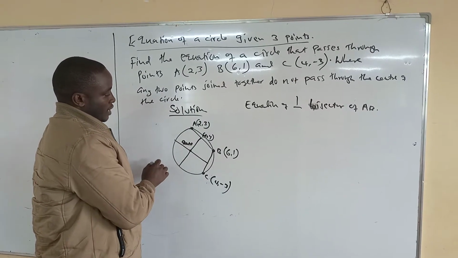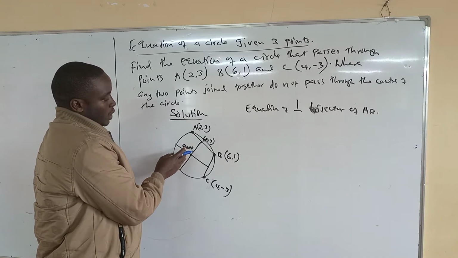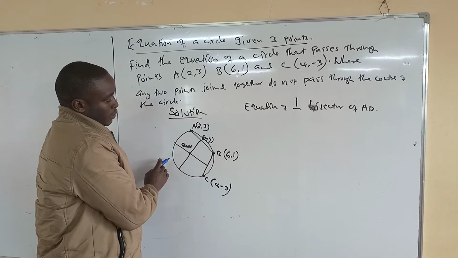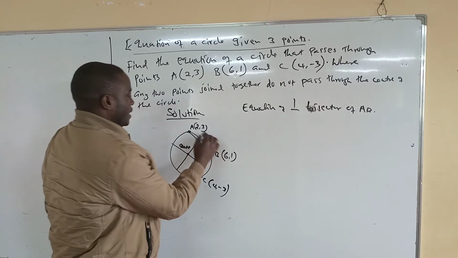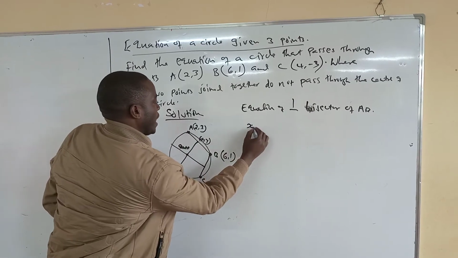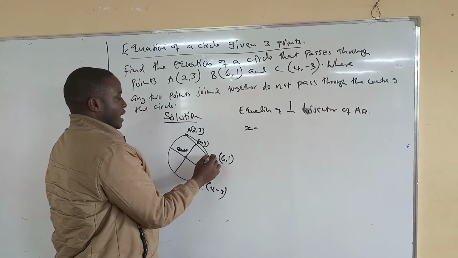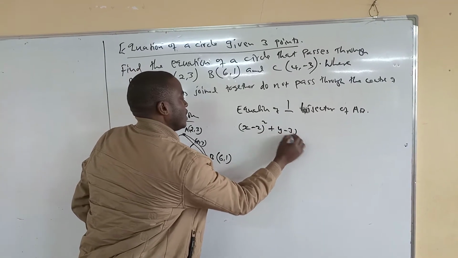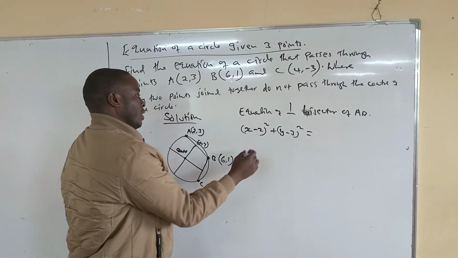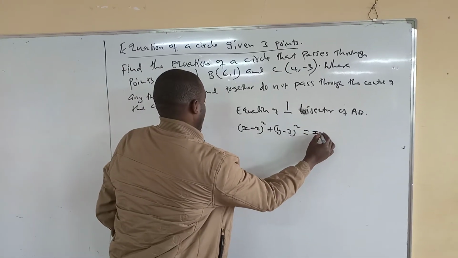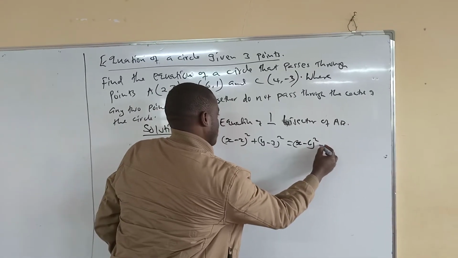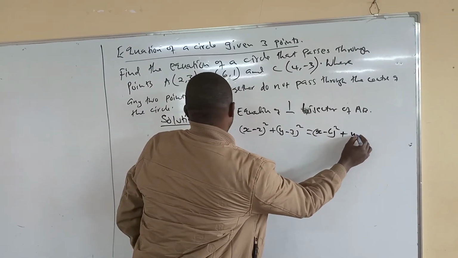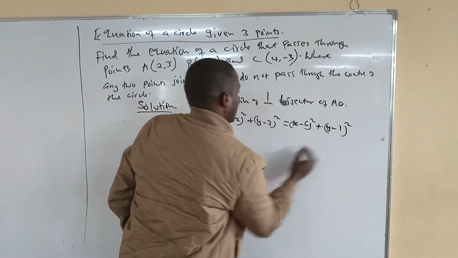Because it is equidistant, the distance from A to the point is equal to the distance from the point to B. And therefore, (x - 2) squared plus (y - 3) squared will be equal to (x - 6) squared plus (y - 1) squared.